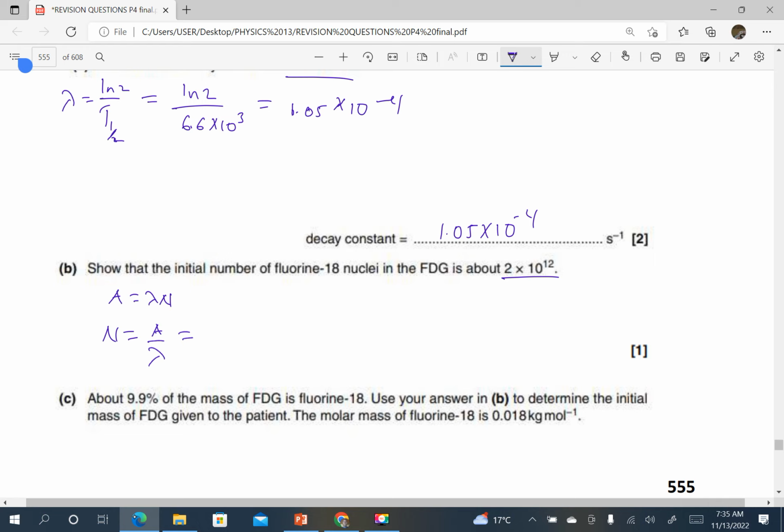The activity was given as 250 megabecquerels, so that is 250 times 10 power 6 divided by 1.05 times 10 power negative 4. So this is 2.38 times 10 power 12, which to one significant figure is 2 times 10 power 12, as required.